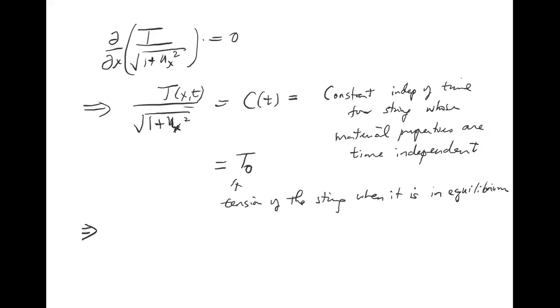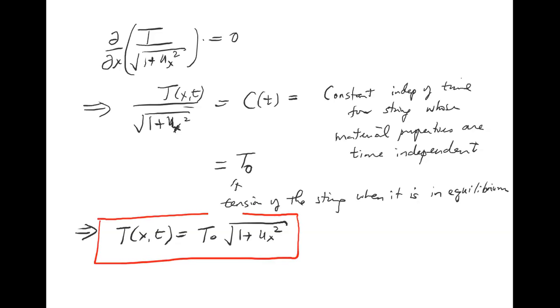So we get this new result. Let me just write down here, and then I'll explain a bit more. So we see explicitly that the tension of the string, for the case of a general, not small, or large displacement, will change as a function of position and also time, depending on the vibration, because it depends on u, or more specifically u sub x.